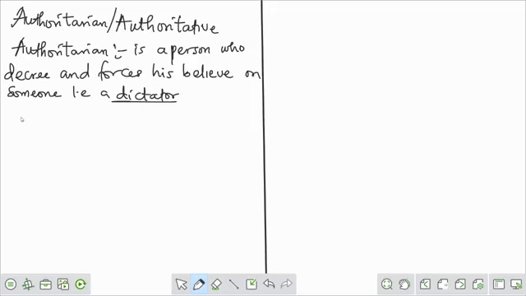So let's go to authoritative. Now, I will advise you, maybe on your status, you may just be using these words to play on your status. So that's how you know English. English is very, very simple if you have passion for it. So authoritative is a person that has authority.